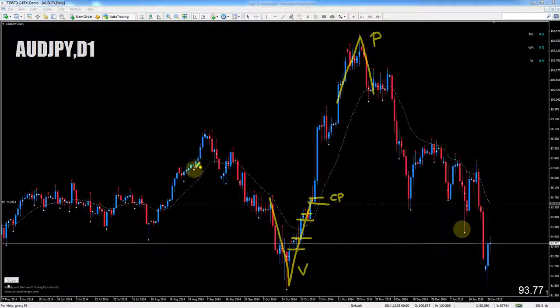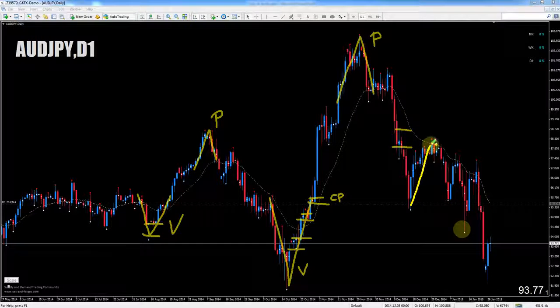Okay, this is a rally-based drop, this is a peak, a swing, this is a peak, this is a drop-based rally, this is a valley, this is, let's say here, drop-based drop, this is a CP, the market pauses there and then drops.